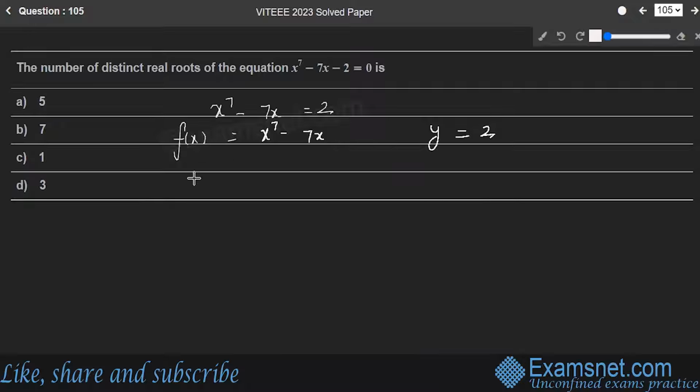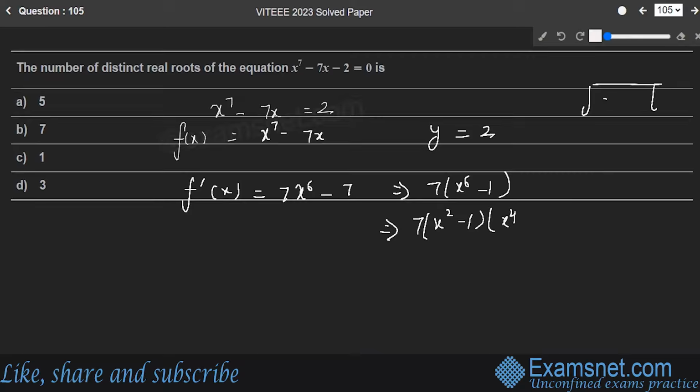So differentiating with respect to x, you will have f dash x is equal to 7 into x raised to power 6 minus 7, which is 7 times x raised to power 6 minus 1. This can further be split up into two factors: x square minus 1 and x raised to power 4 plus x square plus 1. You will divide x raised to power 6 minus 1 by x square minus 1.